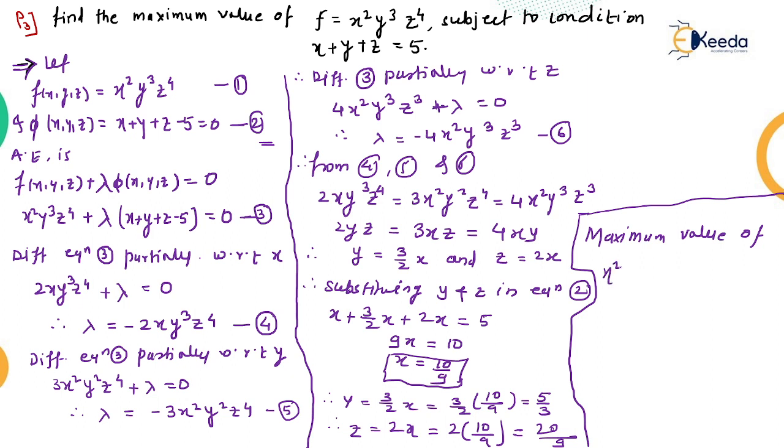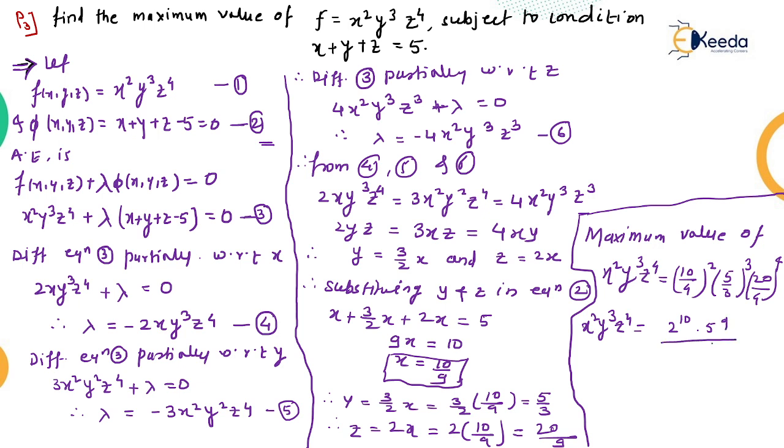It is x square y cube z power 4, that is equal to, x square means 10 by 9 squared, y cube means 5 divided by 3 cubed, and 20 upon 9 to the power 4. After simplifying this, we get 2 raised to 10 into 5 raised to 9 divided by 3 raised to 15. Means the above calculation can be written in this way.